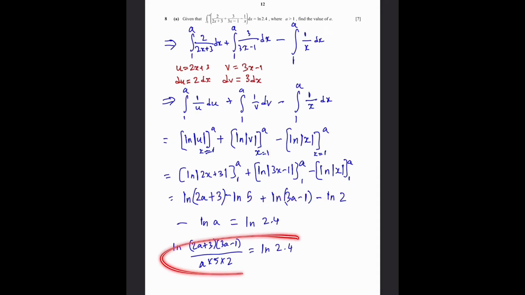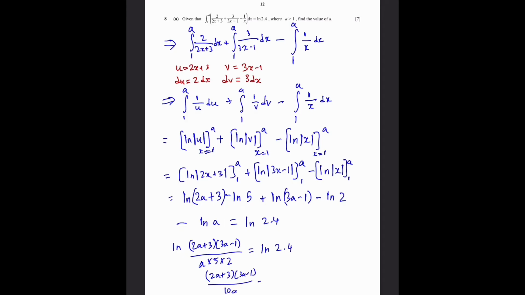You will get all this. So we can remove the lns now. 2a plus 3 times 3a minus 1 divided by 10a is equal to 2.4.